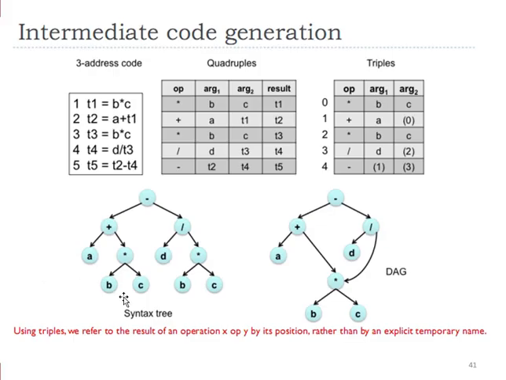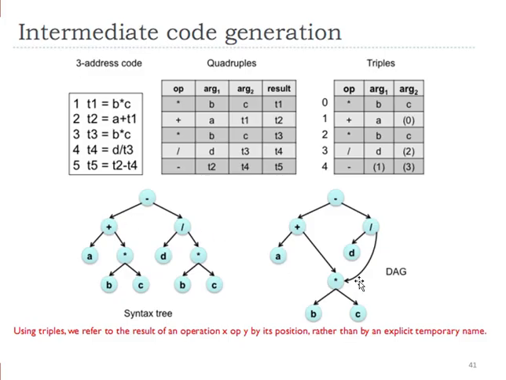As you can see here, the parents are minus, plus, multiplication, division. So in a syntax tree, operands are terminal nodes and operators are internal nodes.